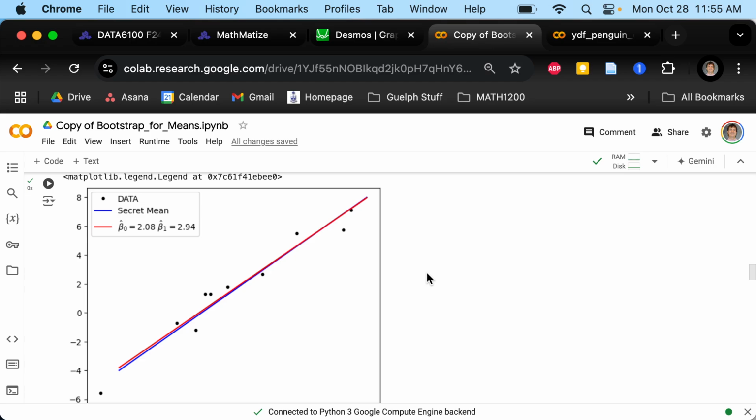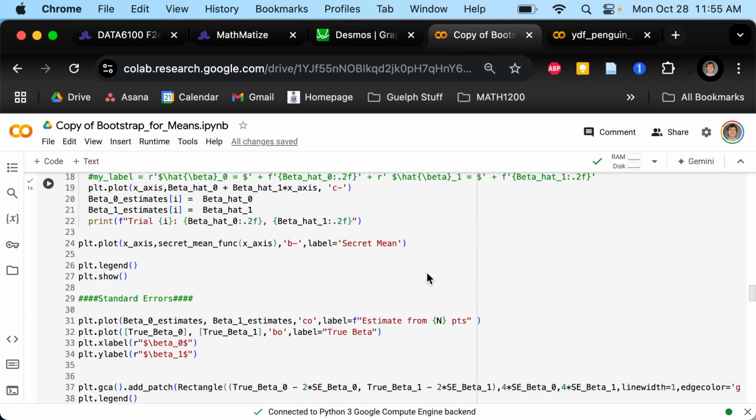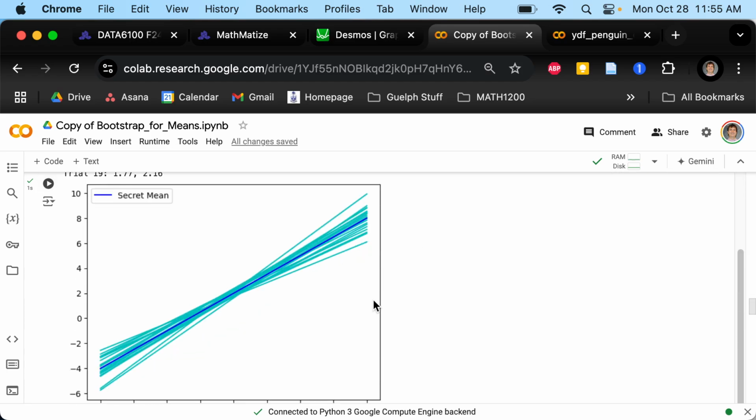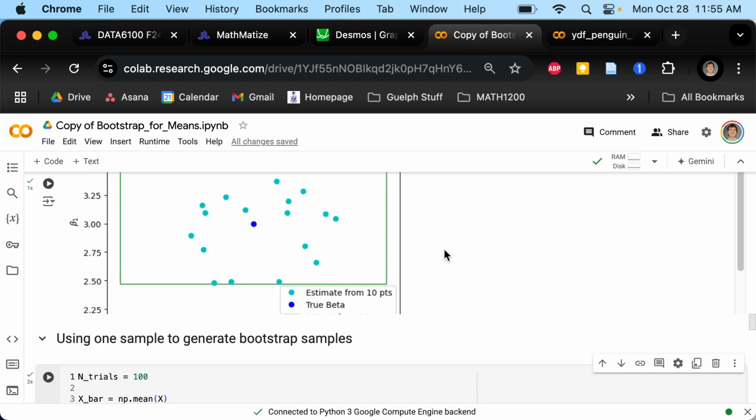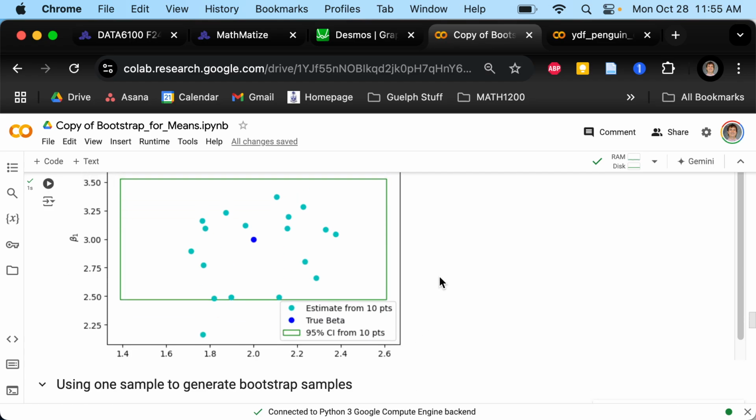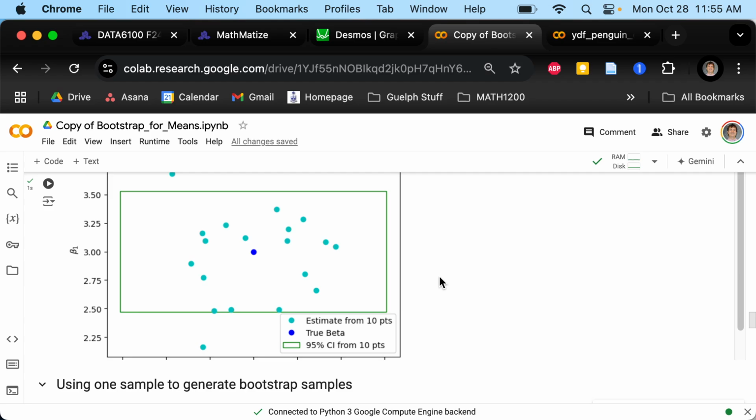Here, we are about 0.1 away for beta hat 0 and about 0.1 away for beta hat 1. We want to find a way to mathematically show that with 10 data points, we get within 0.1. How do we do that? Here is how to do it. If you had 20 samples, of course in real life you only have one sample, then you can see how far away you are typically.